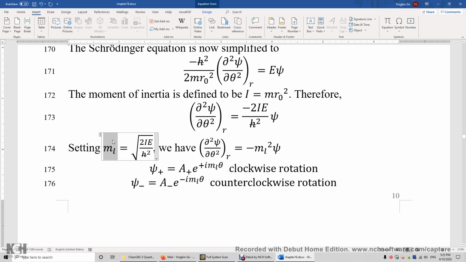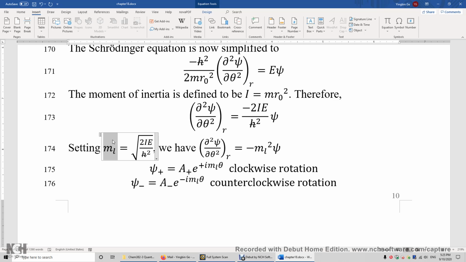But remember, in general chemistry, you saw m sub l. It's one of the quantum numbers for the electrons in an atom. Remember, n, the principal quantum number, l, the angular momentum quantum number, and then you have m sub l.